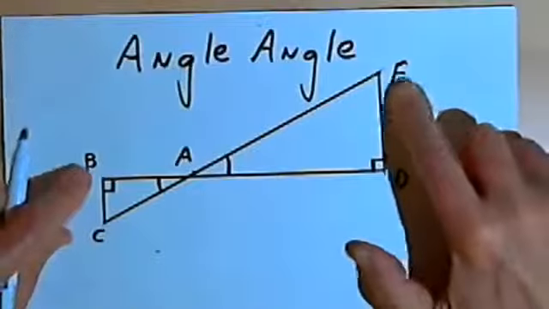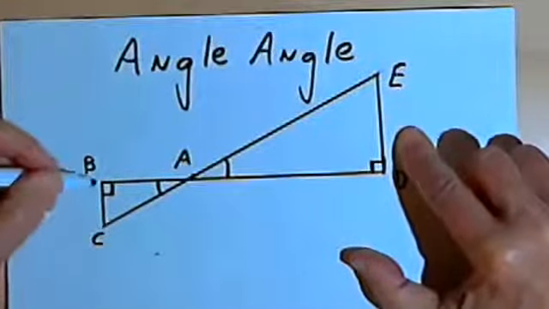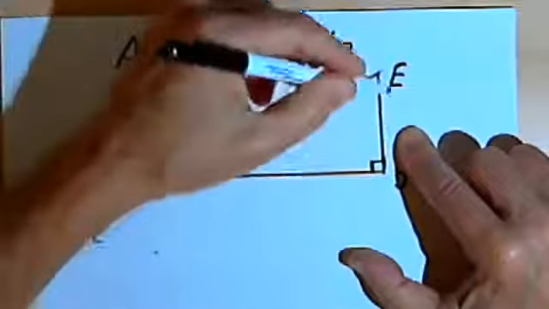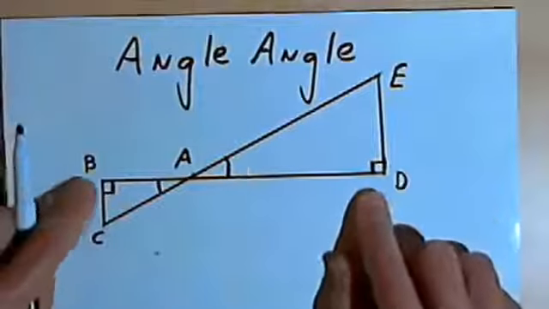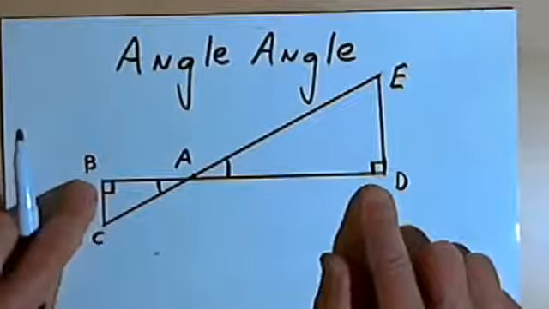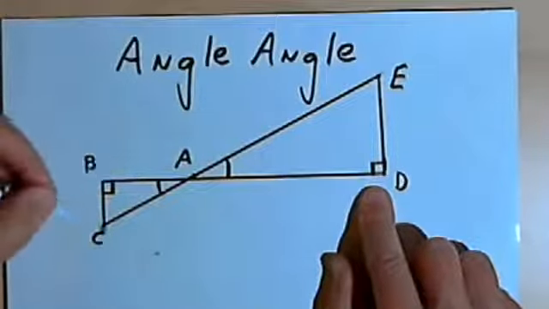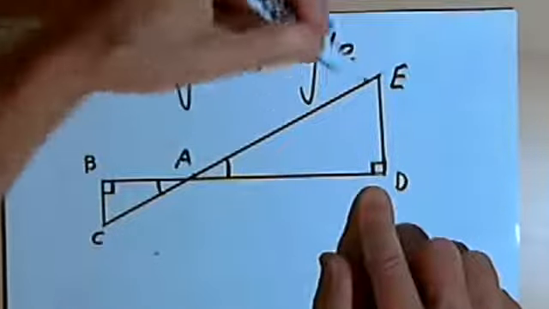And then we've also taken these two line segments and formed them into triangles by adding side BC and DE. Now, looking at the two triangles, I see they also have corresponding right angles, angle ABC and angle ADE.